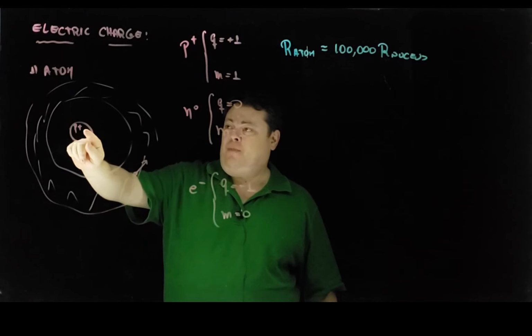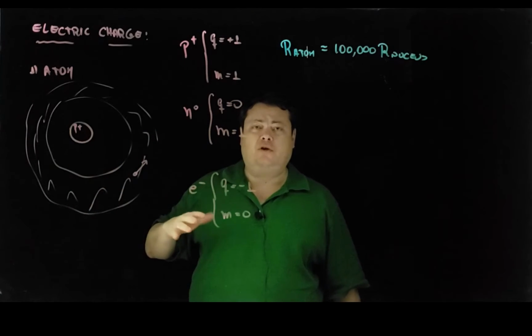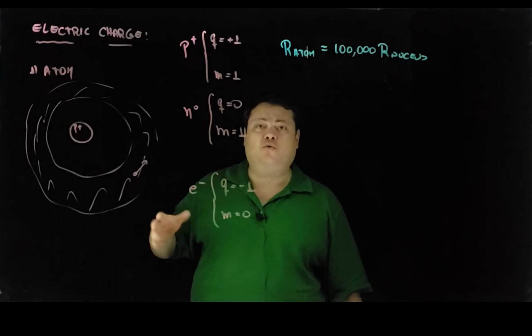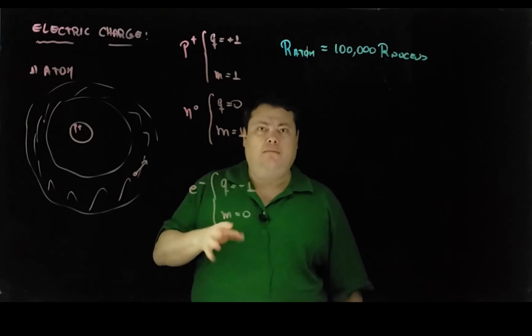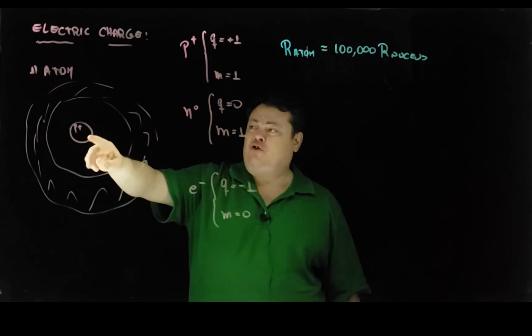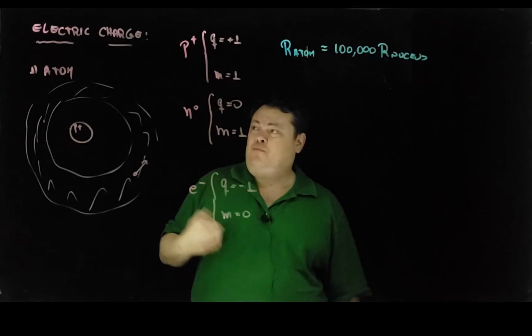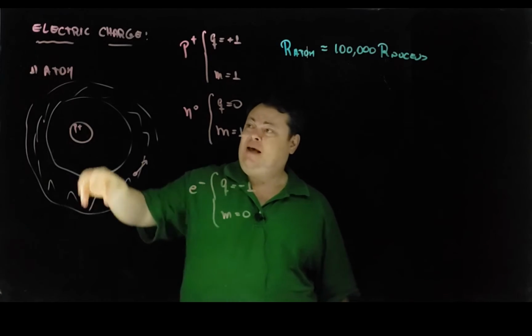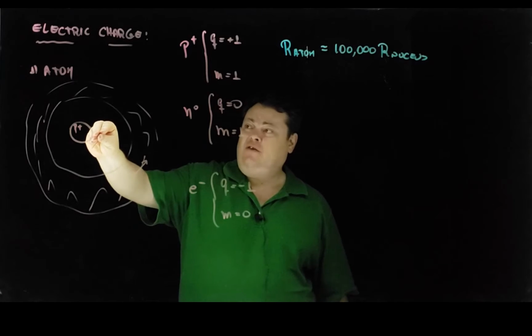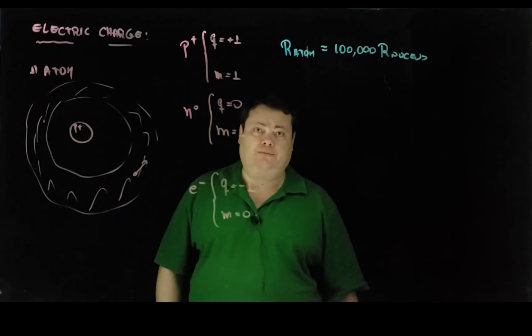Now, as a rule of thumb, for every proton there is also a neutron. The number of protons and neutrons is roughly the same. Not exactly, but they grow together. And the mass of each proton is about 2,000 times the mass of each electron. So if I put the two ideas together, we see that the mass of the nucleus is basically 4,000 times the mass of the cloud of electrons around it.